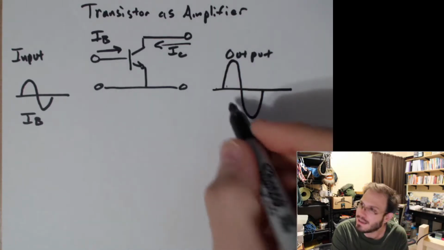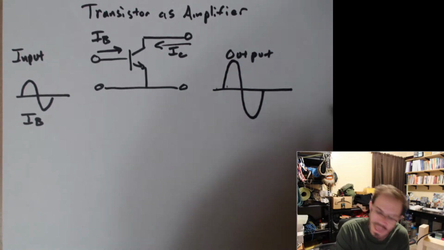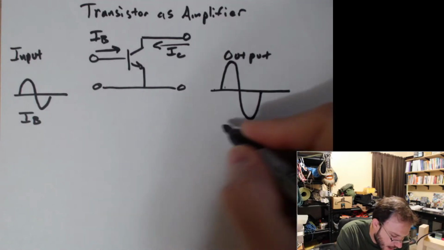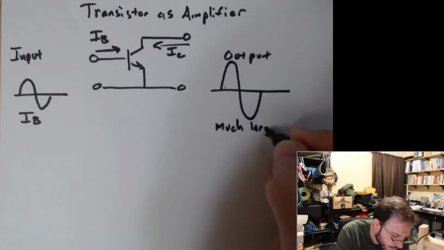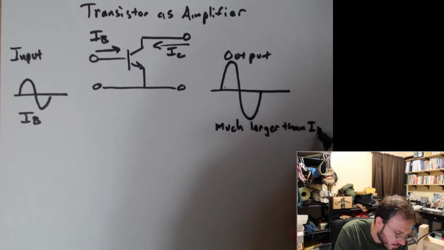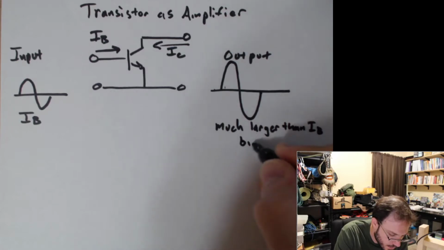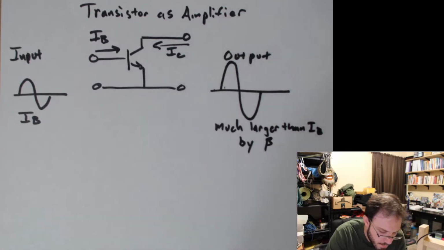Now, the output obviously is not drawn to scale, but we know that the output is going to be much larger than IB by beta.